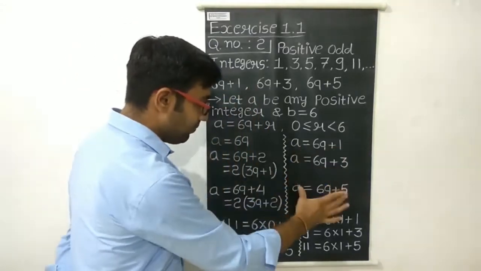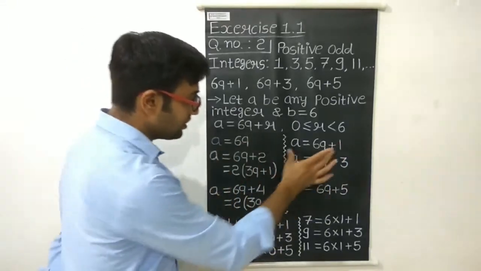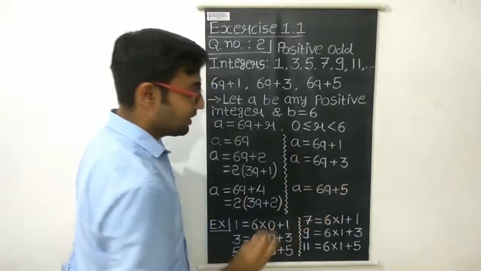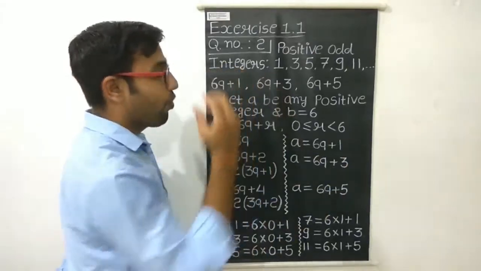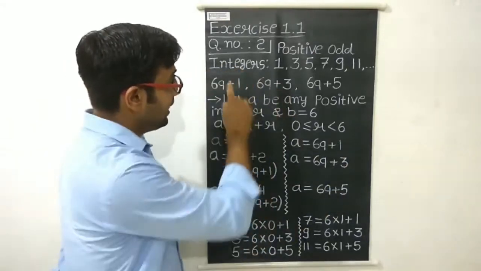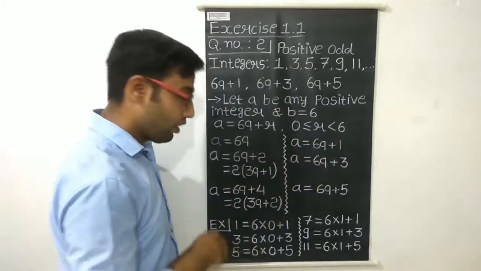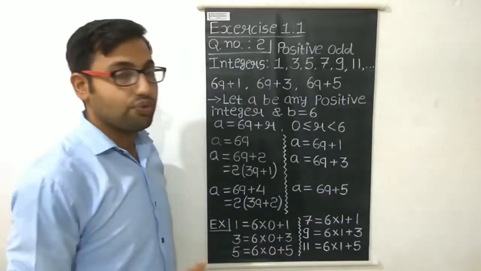Now these 3 possibilities remain, right? So we can say that these 3 possibilities of a represent positive odd integers. So any positive odd integer is either in the form of 6q plus 1 or 6q plus 3 or 6q plus 5.